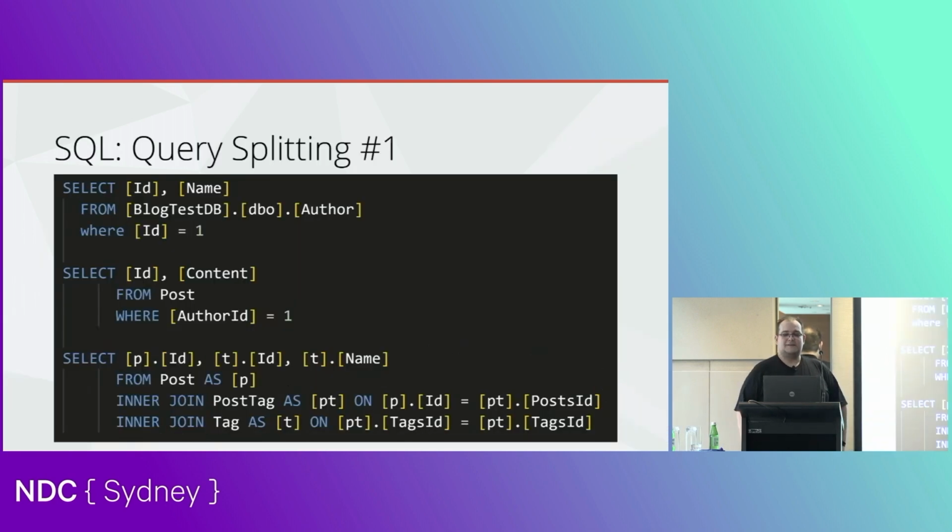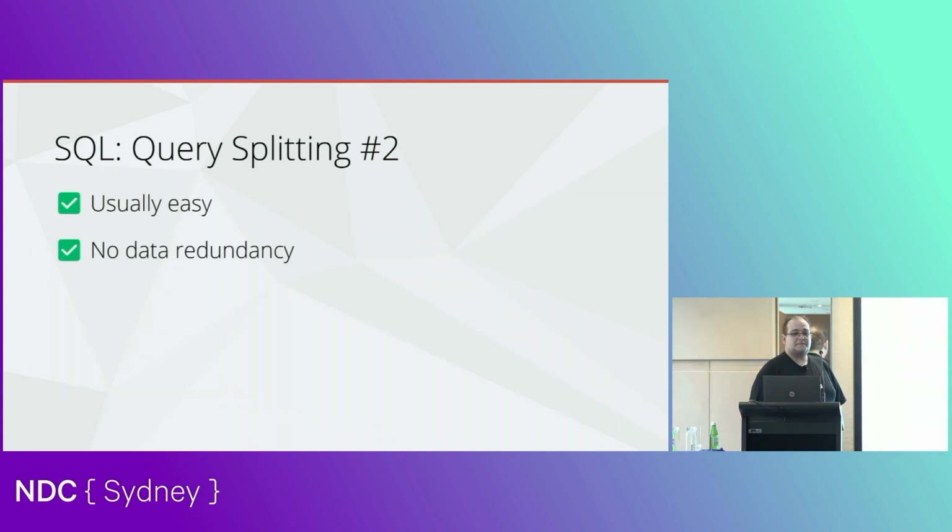And how we solve this in SQL is we can just split it up into multiple queries. Simple, right? Well, how many of you think that it's going to be easy to write a mapping manually in EF Core, in .NET, and not spend an hour just writing C# code? We have one hand. Well, what happens if this query doesn't actually give you the performance improvements that you thought it will? Well, this is another problem with it.